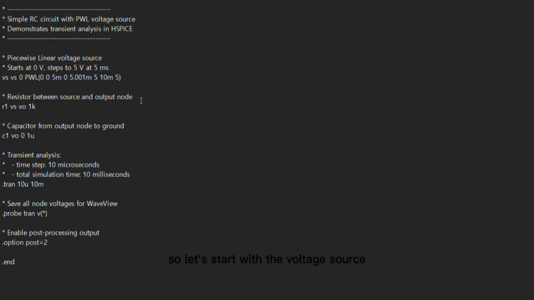So let's start with the voltage source. I'm using a PWL, which is a piecewise linear source, which lets me define the voltage as a function of time. And here we have VS0 PWL, and inside the parentheses are the parameters for the PWL.